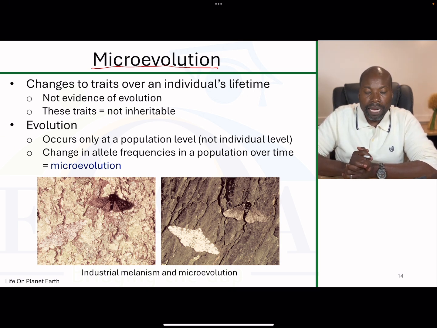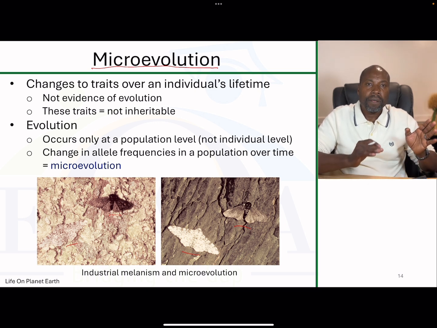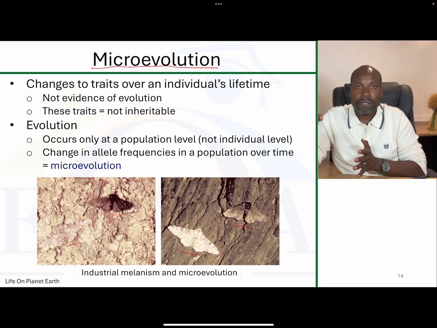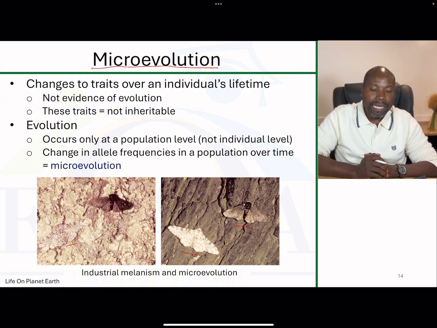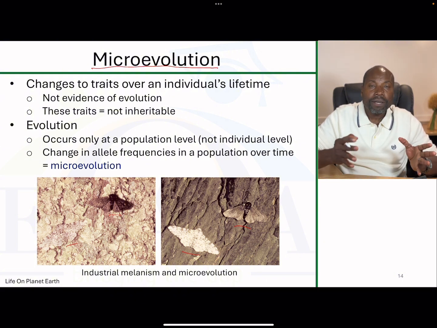In industrial melanism, we see that this moth actually occurs in a wide range from white to dark, right? We noticed that at the time when there was not much pollution, the bark of the trees was more clear, right?